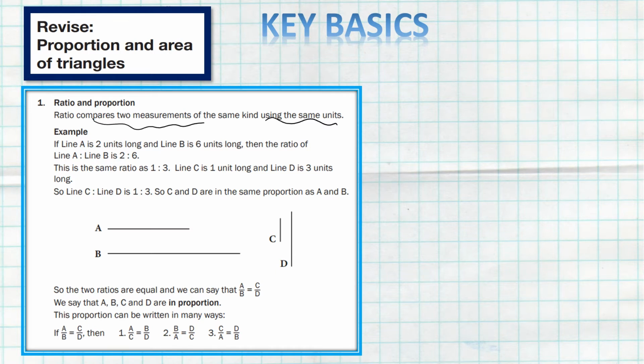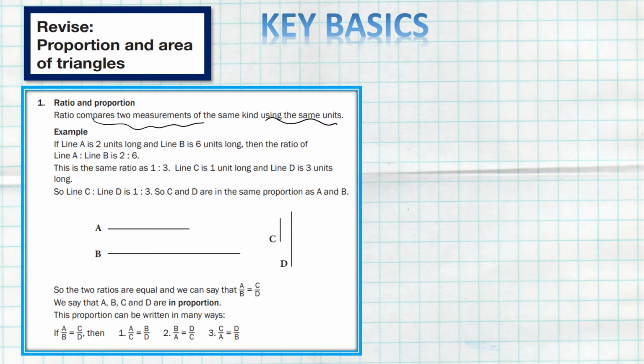I want to compare two measurements of the same unit. If it's in meters, both heights must be in meters. There I would want to get the ratio. So a ratio is a measurement that compares two different items that have the same units.